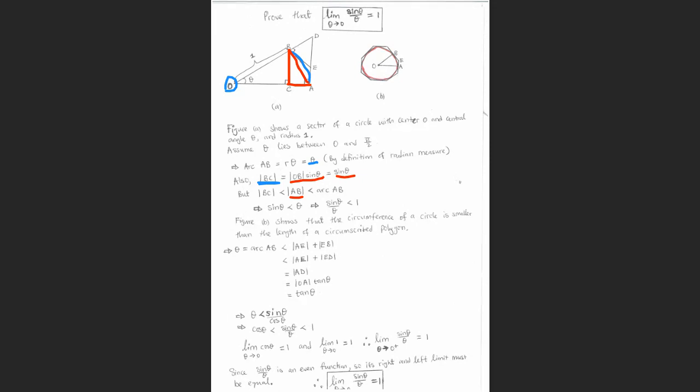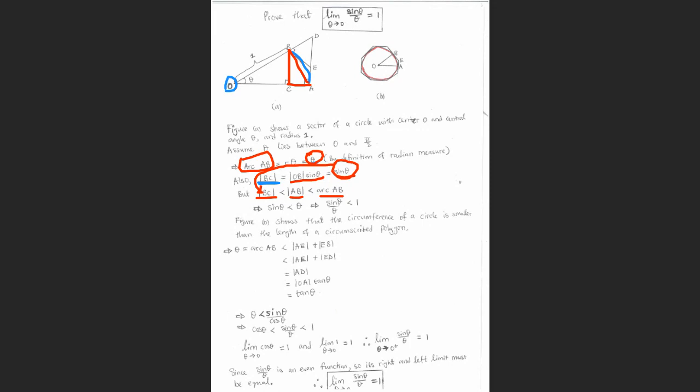And why do we establish this relationship? Because we know that BC is sine of theta, and we say it's less than AB. For now, we're not sure exactly what the chord AB is, but we know what this arc AB is, because we started by saying that arc AB is equal to r theta, which is equal to theta.